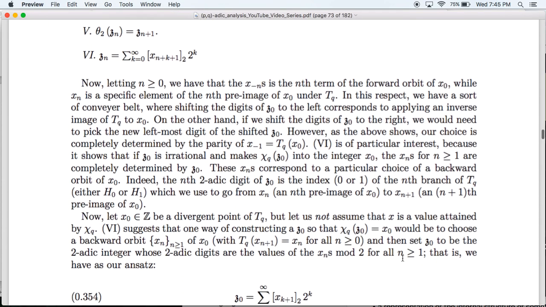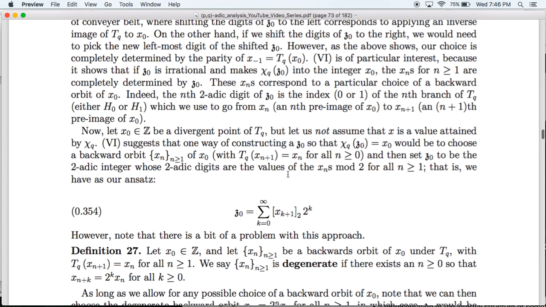So using chi-q in this way, we can pass from studying the divergent trajectories of Tq to the behavior of subsets of Z2 under the two-adic shift operator.